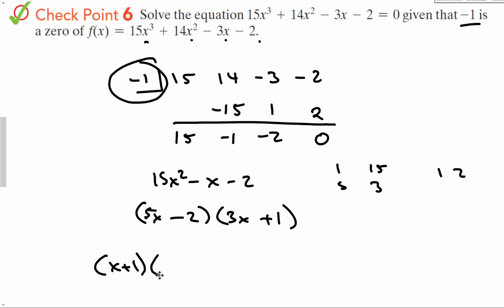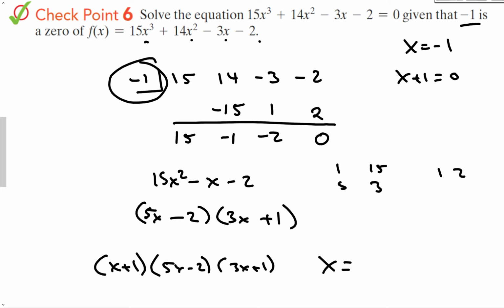Because given that -1 is a 0, that means x is equal to -1, which means if I set it equal to 0 to get the factor, we have that x plus 1 as my factor. 5x minus 2 and 3x plus 1, which makes x equal to, let's try to put these in order, -1, -1/3, and +2/5. Ooh, ugly brackets, but hopefully you get the idea.